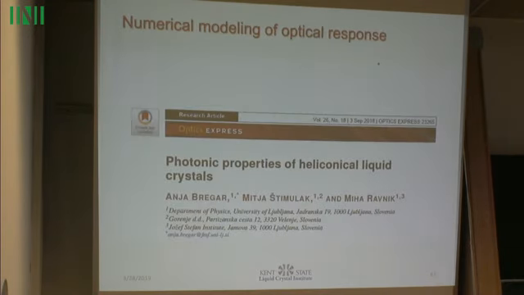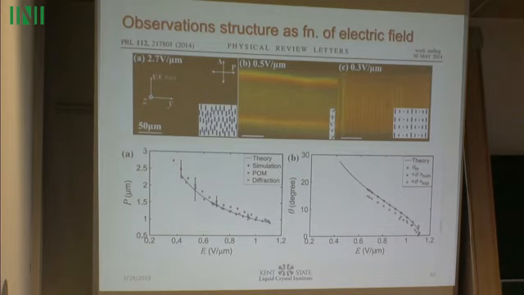And this basically shows what happens in these mixtures with the small K3 when you apply and reduce a large electric field. So this is a side view of a cell, and this shows a completely unwound nematic at high field, almost 3 volts per micron.